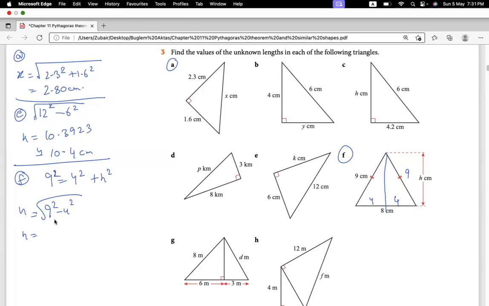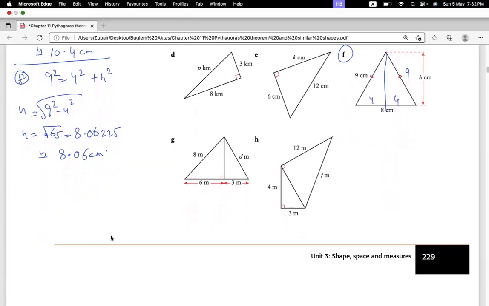It'd be square root 65. In decimals, this is 8.06225, and up to three significant figures, this should be 8.06 centimeters.